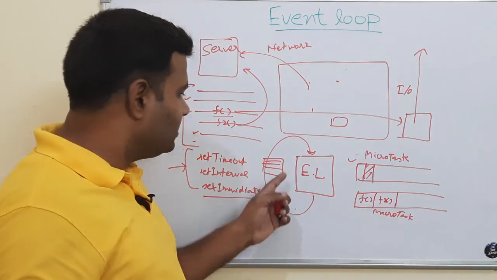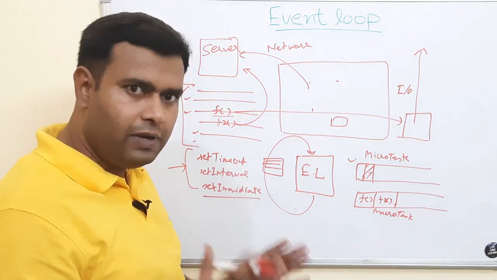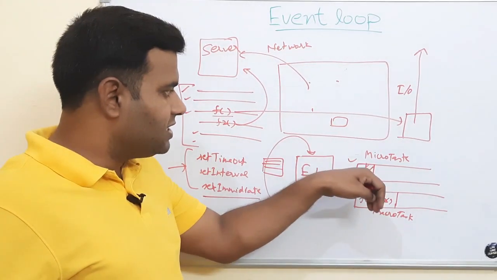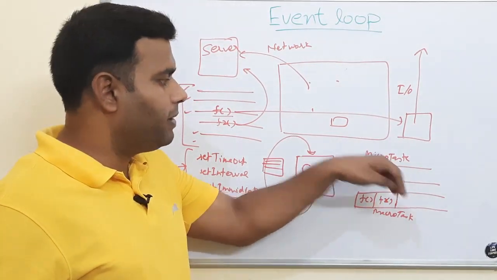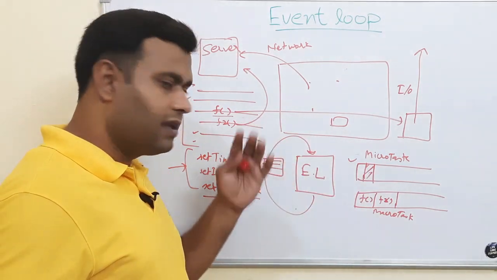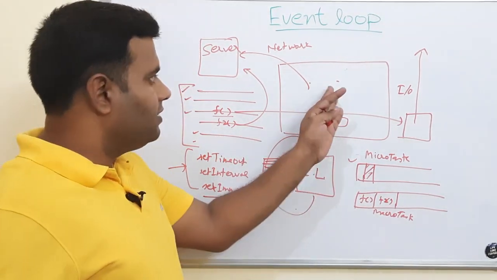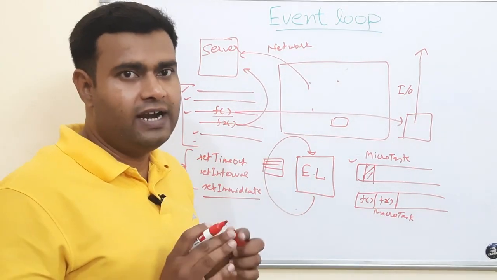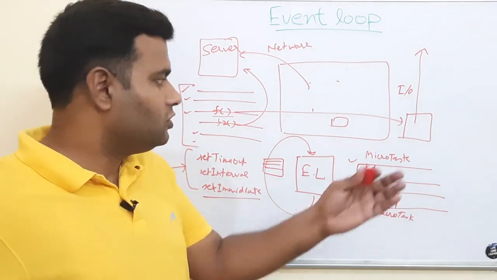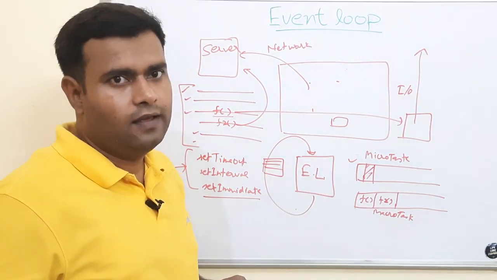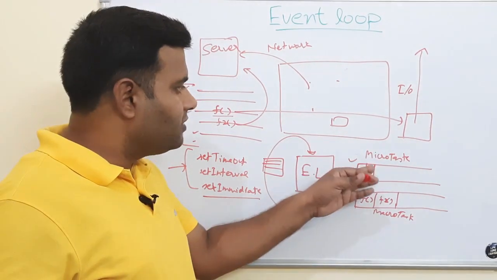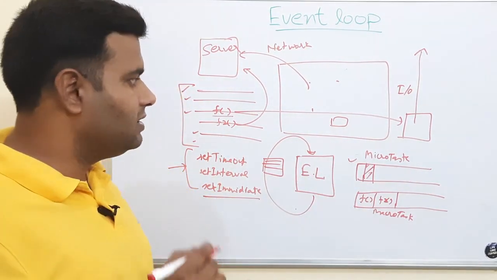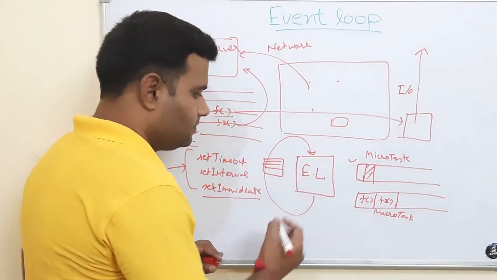As soon as the current running task completes, the task we have pushed in the micro task queue can run. This is how your rendering happens, and your rendering experience becomes good because of the micro task. We can add any task to the micro task queue using queueMicrotask.